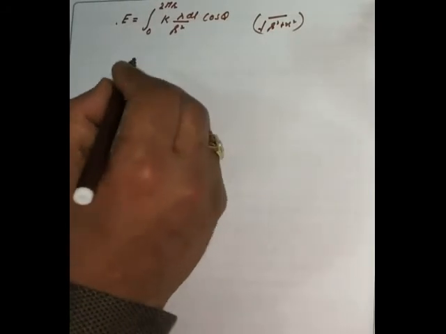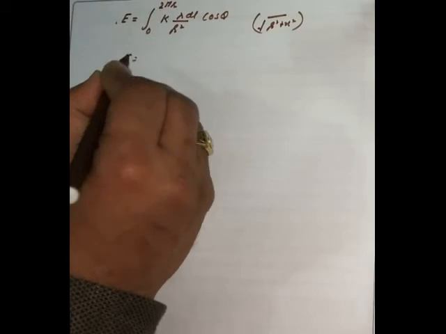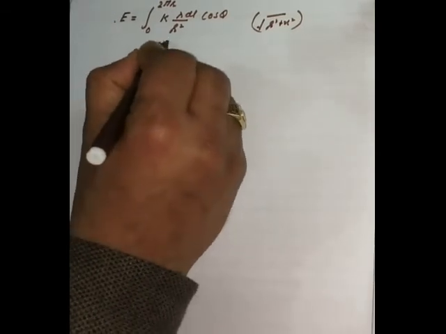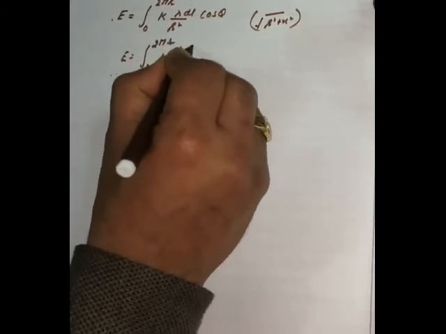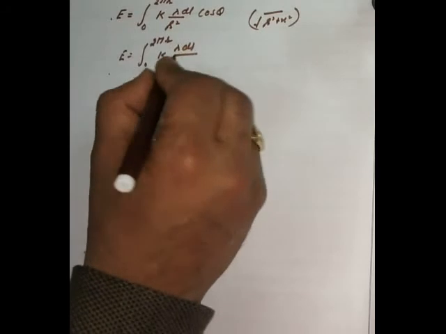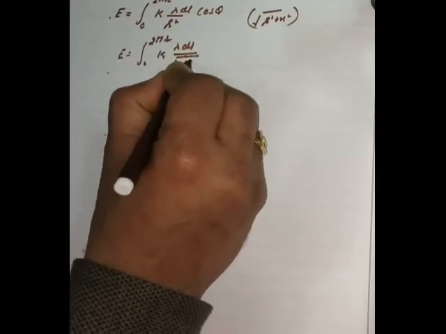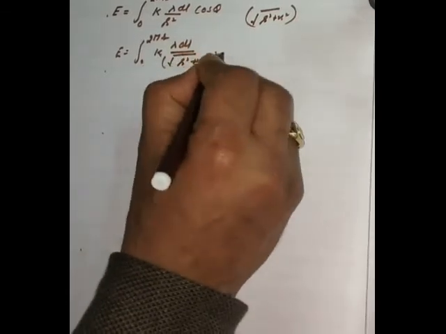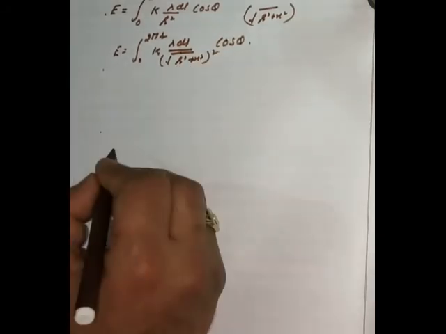So here you can write electric field E equals the integration of 2 pi r k lambda dl. The distance should be under root r square plus x square whole square cos theta.